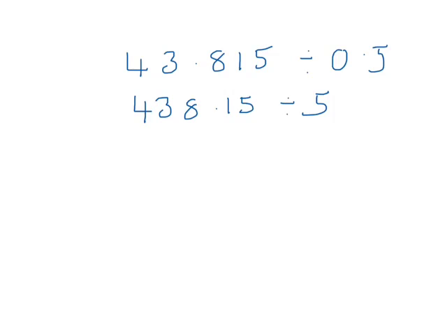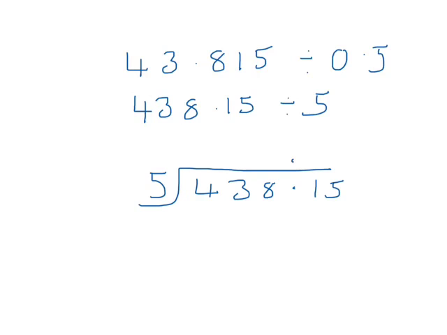Both of these are equal, so it'll give me the same answer. And then we just divide as normal. 438.15, the point will go directly above in the answer, and we divide as normal.